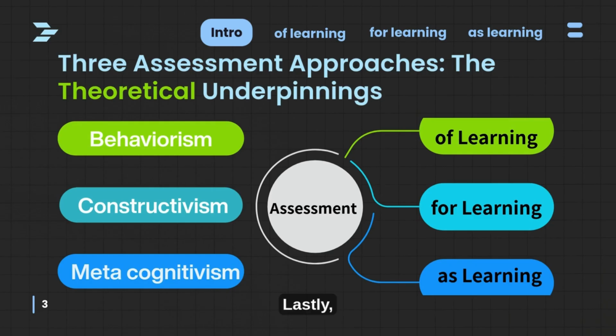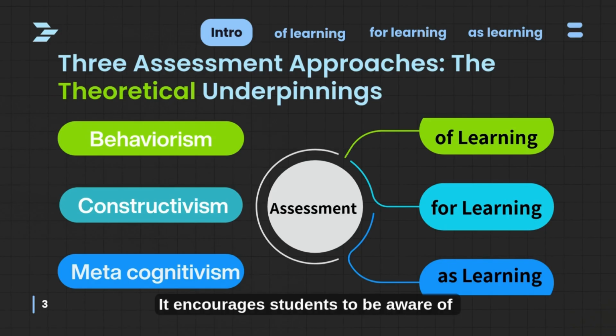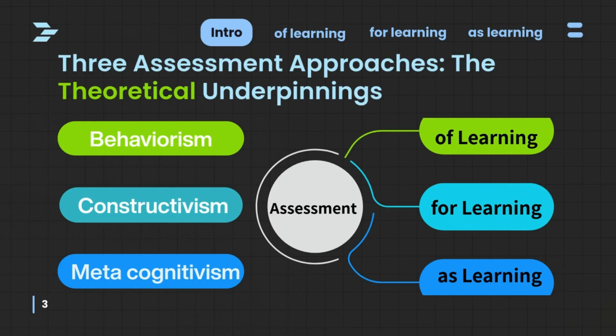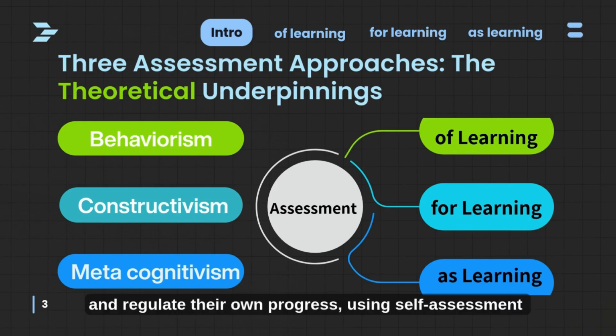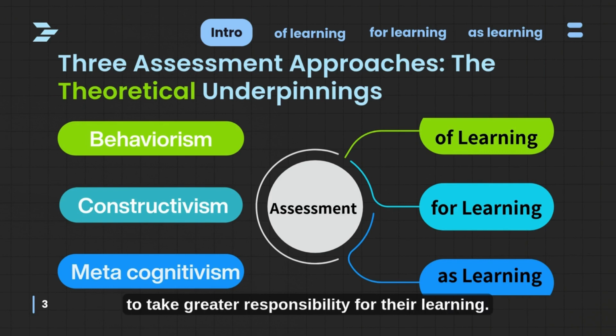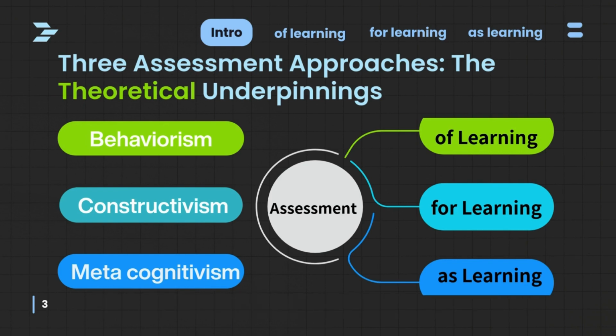Lastly, metacognitivism involves thinking about one's own thinking. It encourages students to be aware of their learning processes. This aligns with assessment as learning, AAL, where students monitor, reflect, and regulate their own progress, using self assessment to take greater responsibility for their learning.